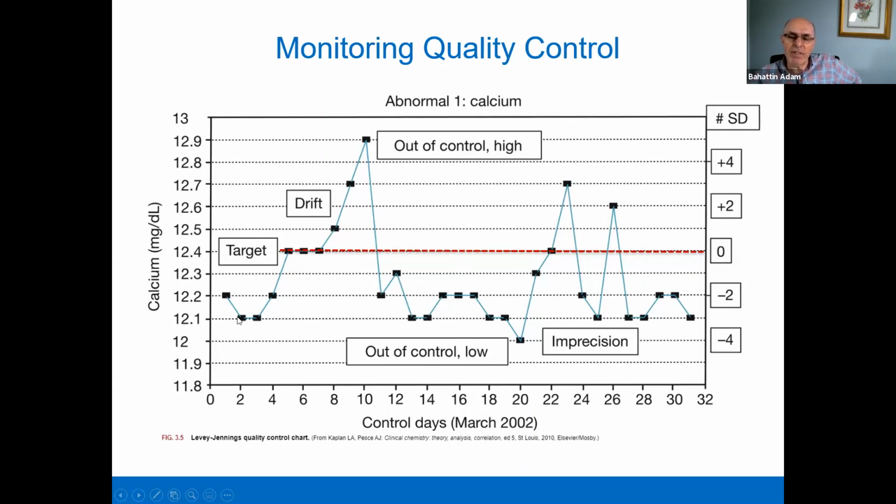And these are different measurements that you measured in 1 month, from the first day to the last day. And as you see, now here you have a result which is out of control, higher than the higher level of the calcium.